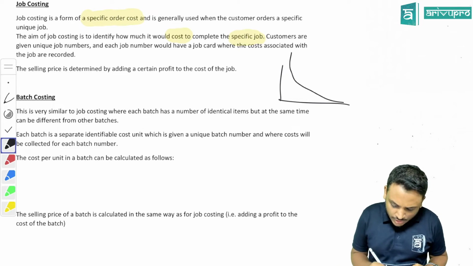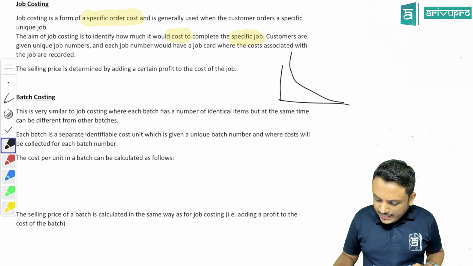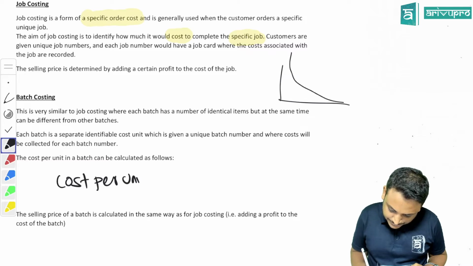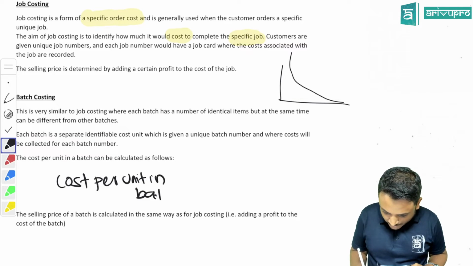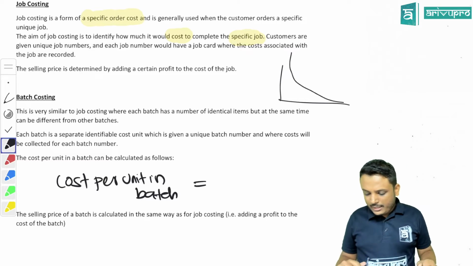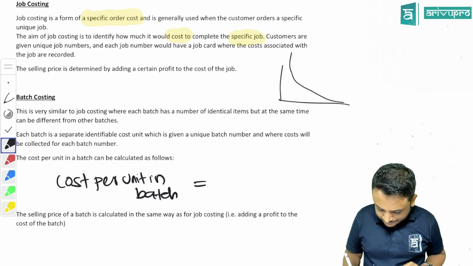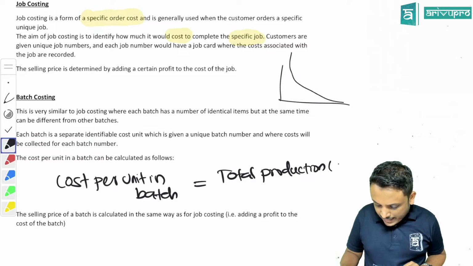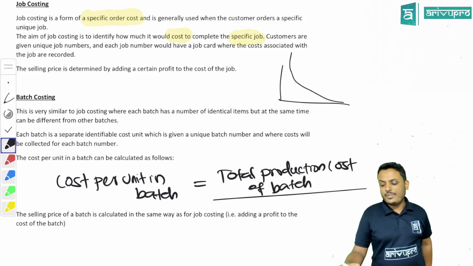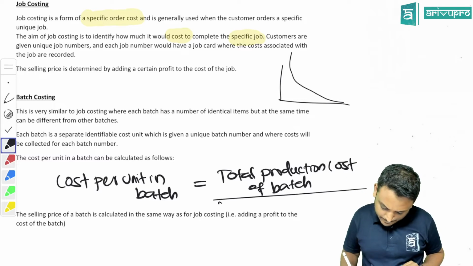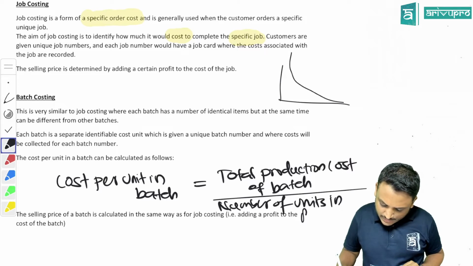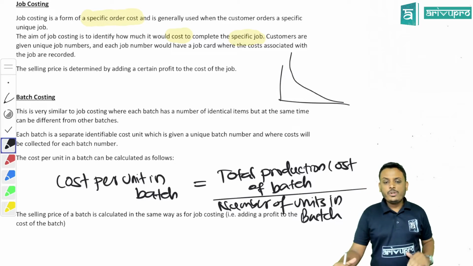So how to calculate the cost of a batch? Write it down. Heading: batch costing. Under that write down cost per unit in batch equals the total production cost of the batch divided by the number of units in the batch.